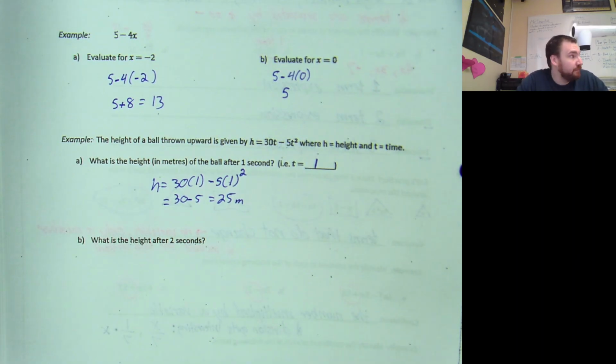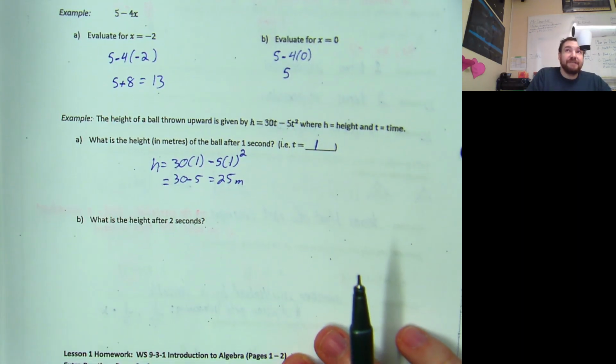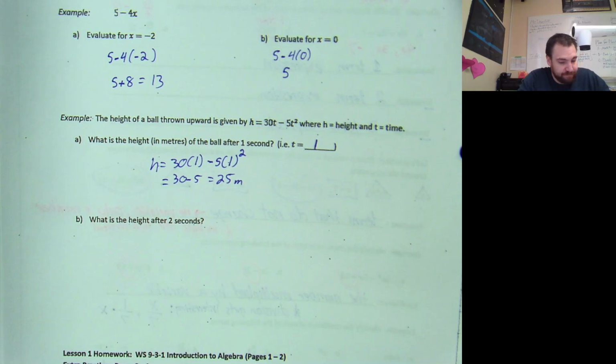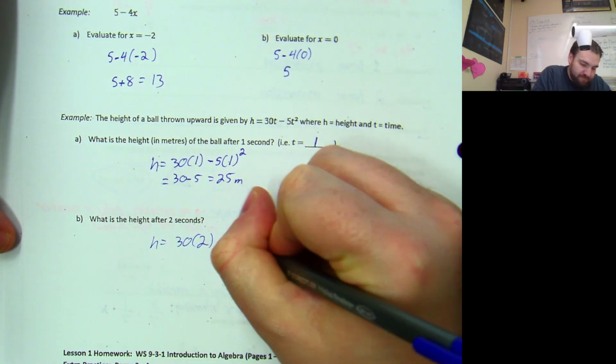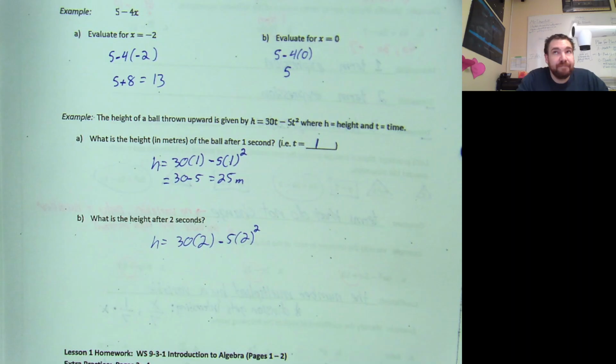And the ball is moving very quickly. Last one here. What is the height after 2 seconds? How would I do this? Okay. And again, I want you to write it the way I'm writing it. Replace the variables with a set of brackets and put your value inside there. That'll help you make sure you get the math done properly.